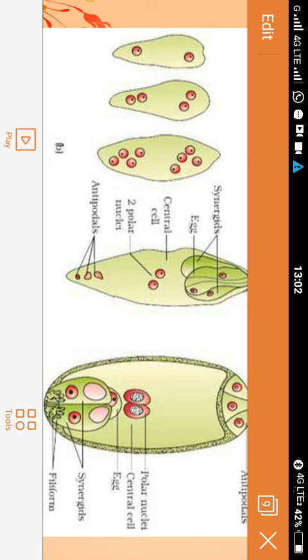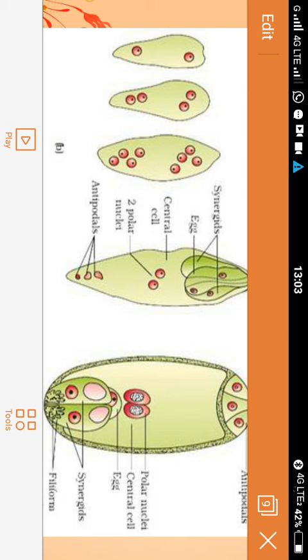This megaspore mother cell will undergo meiosis and form how many cells? 4 megaspores. The formation of megaspores from the megaspore mother cell is called megasporogenesis. Among the 4 megaspores, 3 get disintegrated, only 1 is functional. That functional megaspore forms the female gametophyte.